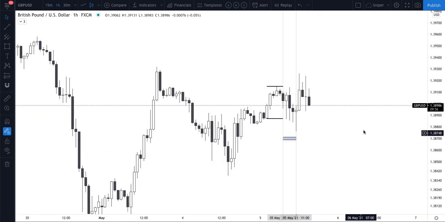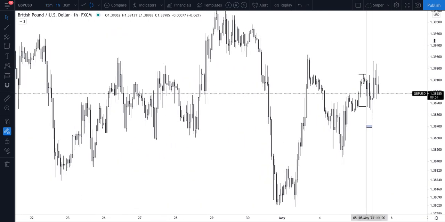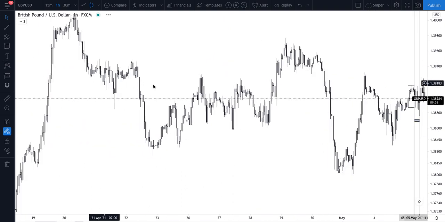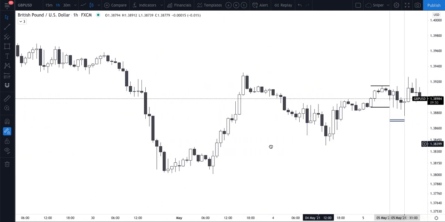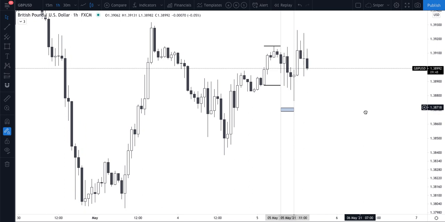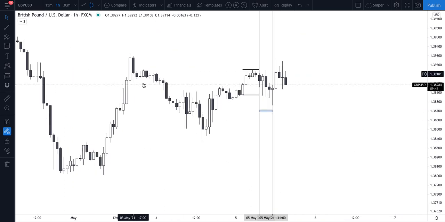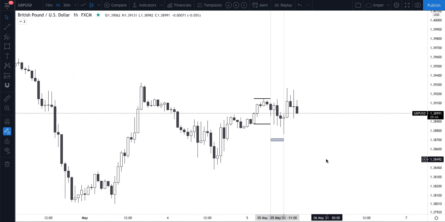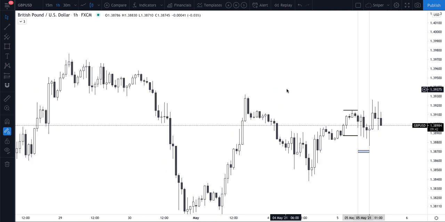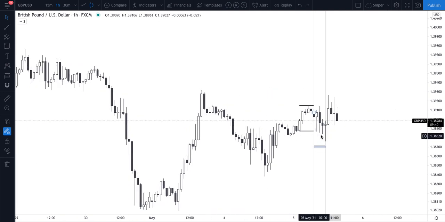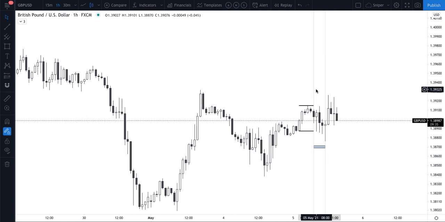On the 1 hour, basically everything is rather consolidating and messy. But just looking at recent price action, we are seeing a push, a pullback, a push. So we could potentially see price taking liquidity down below, push up, or grab liquidity up above the Asian high and then push down a bit.